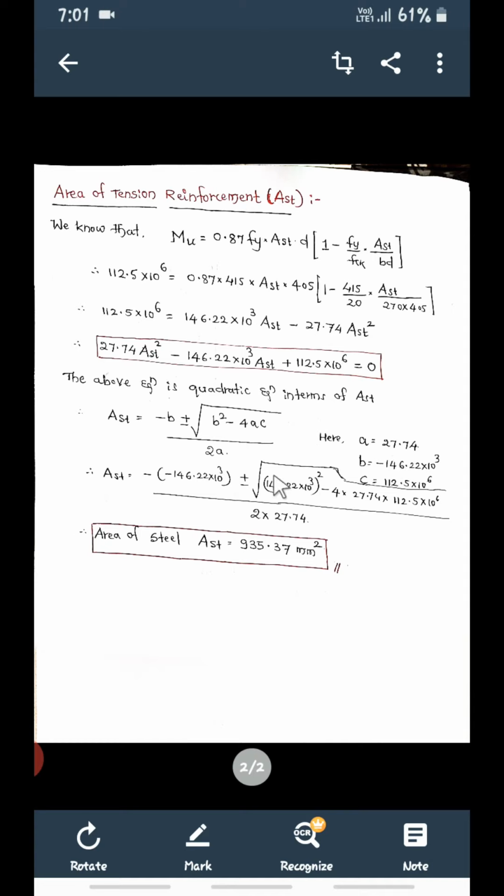So substitute these values here, we are going to get the area of steel. AST is equal to 935.37 mm square. Area of steel is equal to 935.37 mm square. This is the quantity of steel required for this beam.